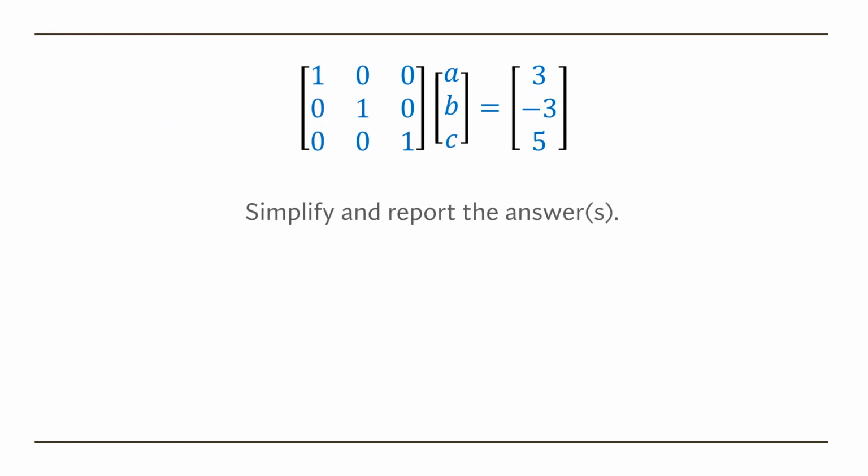Okay. First off, remember that the fourth step in solving was to simplify and report the answer. Now, this new somewhat friendly-looking square matrix has a name. It's called the identity matrix. Just like when you said 1/3 times 3 and you got 1, when you take the multiplicative inverse of a matrix and multiply it by the matrix, you get what's called the identity matrix.